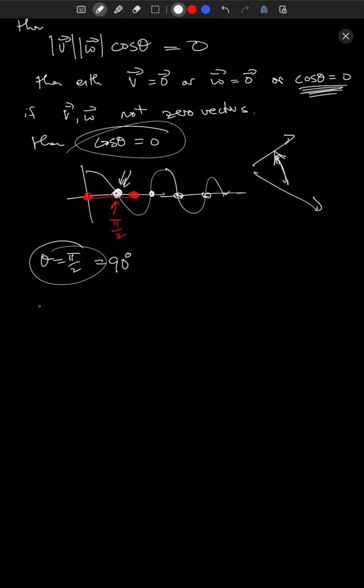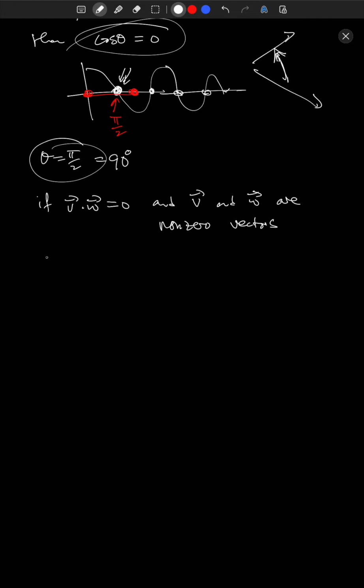And so we can conclude, if v dot w is equal to 0, and v and w are non-zero vectors, because if they were the 0 vector, it's kind of silly even to talk about this, then they're perpendicular.